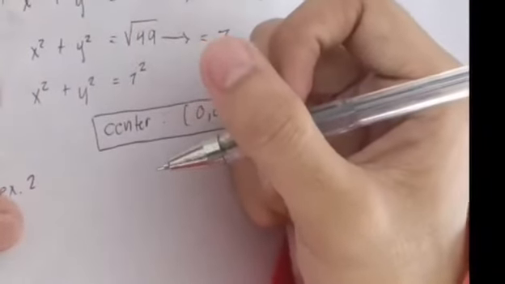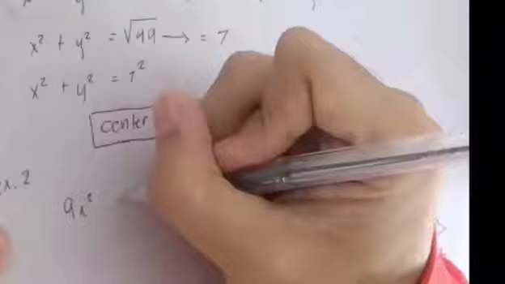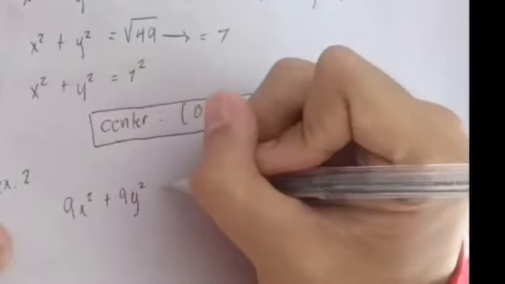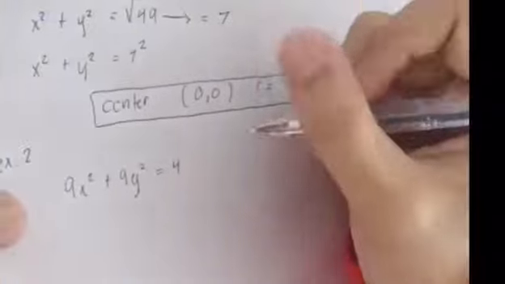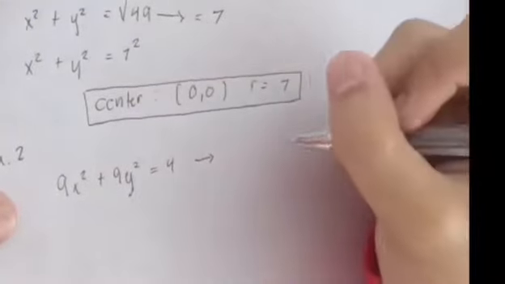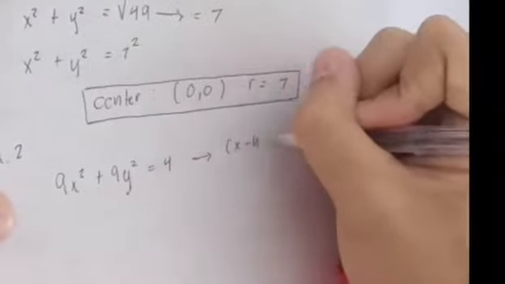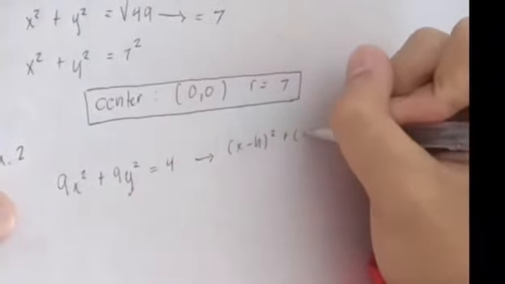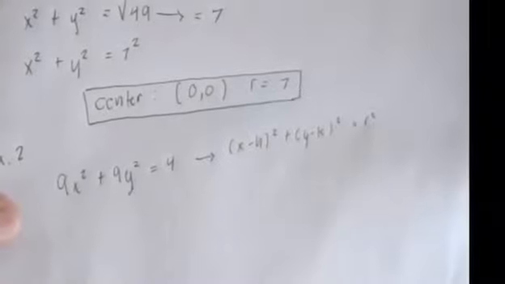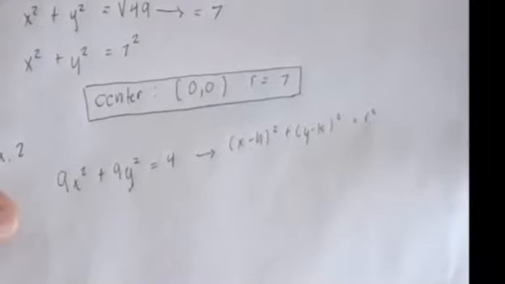Our equation is 9x squared plus 9y squared is equal to 4. Again, I will just rewrite the center-radius form of our equation. Notice that our equation has 9 as the coefficient of x squared and 9 as the coefficient of y squared.